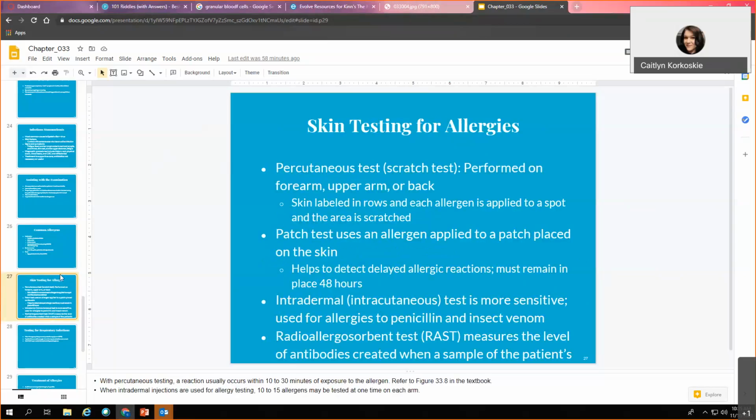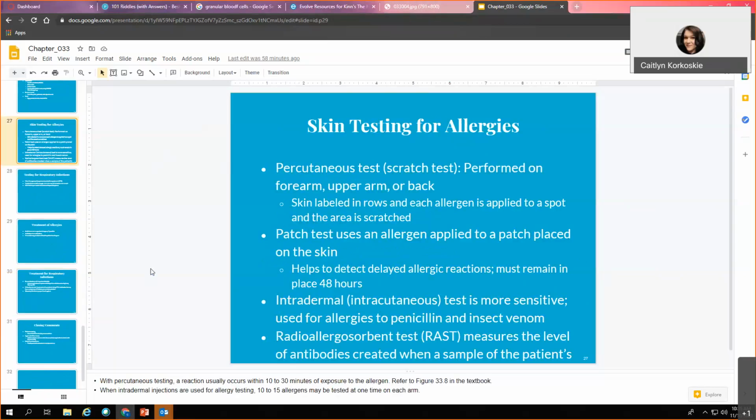And there is skin testing they do for people, and there is treatment for this. Let me go into testing first, and then I'll go into treatment. So skin testing, usually they'll do it either on their forearm or upper back, usually on the back.